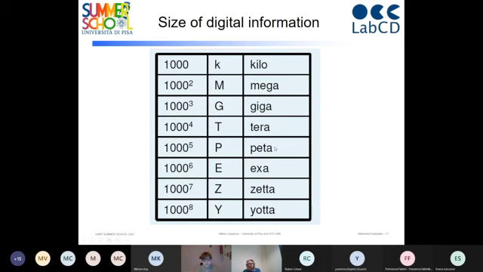The example that really struck me was, and that was already a few years ago, a ground station receiving data from satellites is receiving in the order of about 3.5 petabytes per week. So this is the amount of data that is coming down from satellites to ground stations. But the point is that when this information is down, you have to store it somewhere, you have to process it somehow.